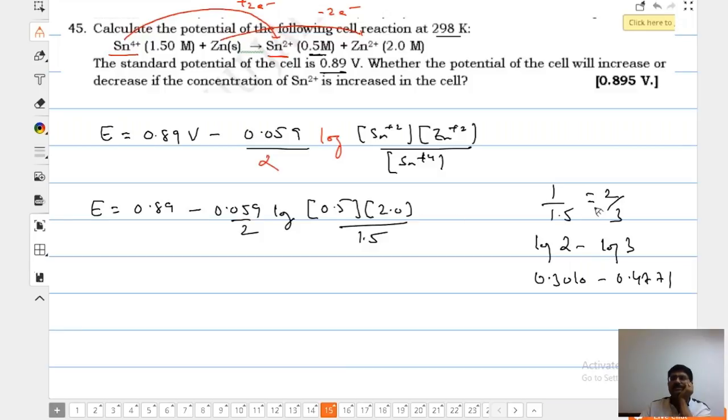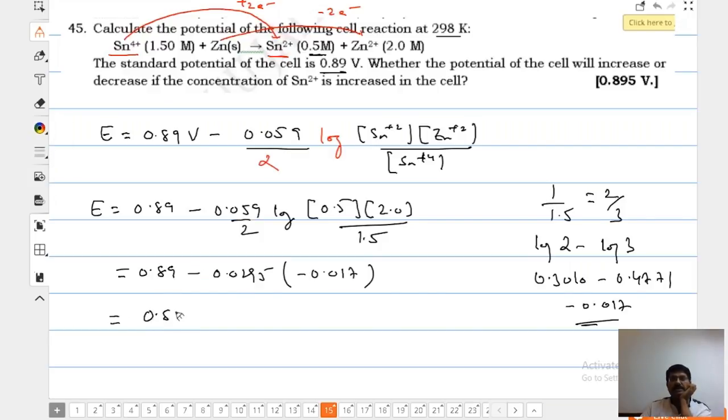So, this is going to be 0.017 minus. Correct? So this is 0.89 minus 0.0295 into minus 0.017. That is, this minus goes.